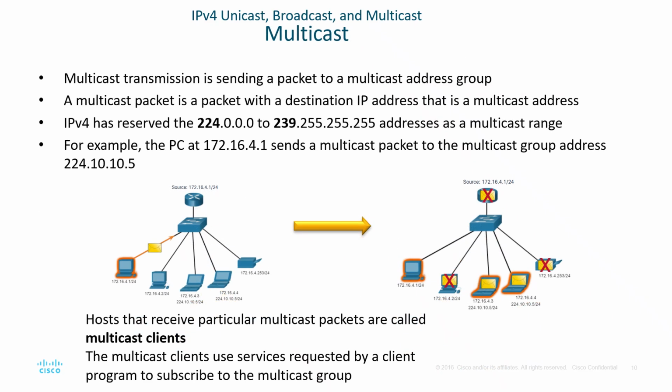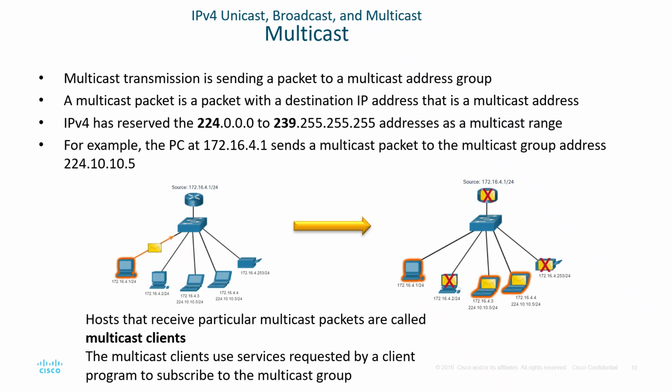Now, multicast, as we remember, is sending a packet to a multicast address group that we define. A multicast packet is a packet with a destination IP address that is a multicast address. So you are talking about the range of addresses from 224 to 239. So for example, the PC at 172.16.4.1 can send a multicast packet to the multicast group address of 224.10.10.5.